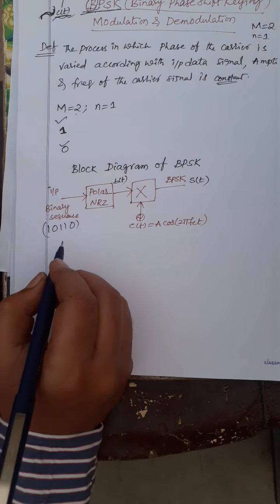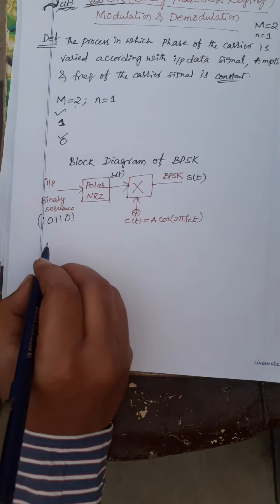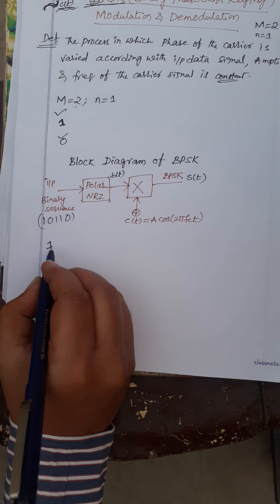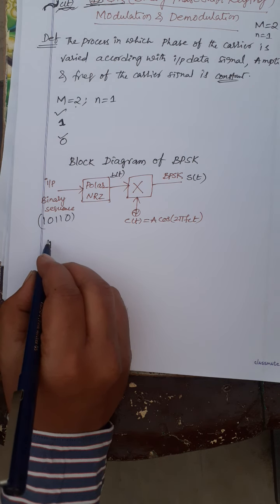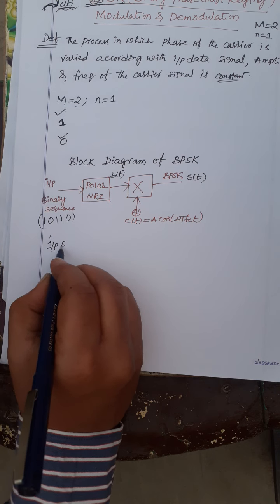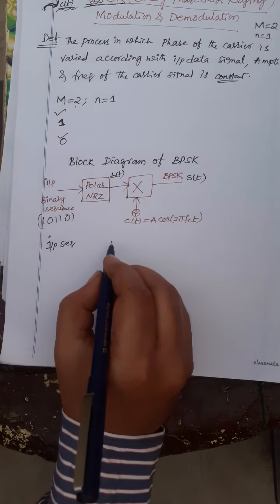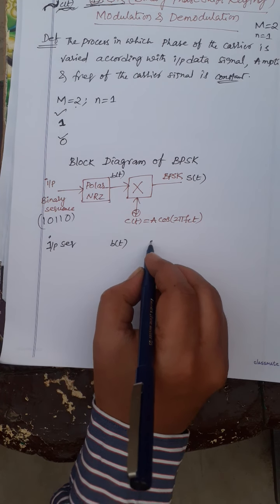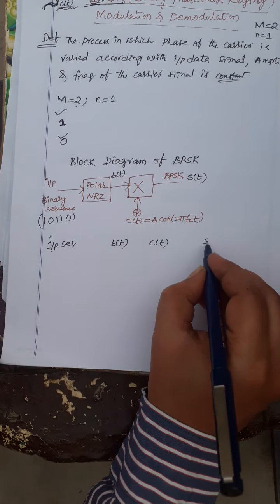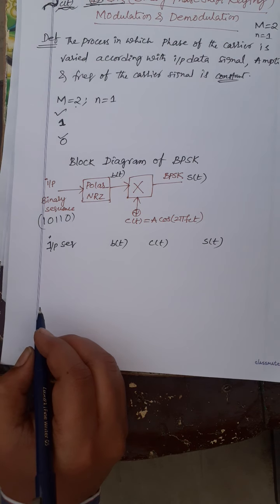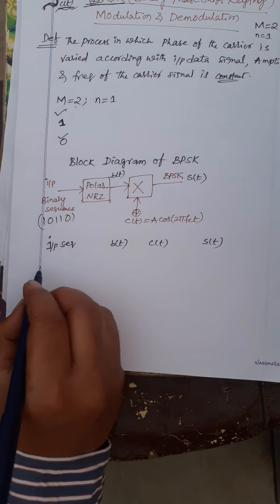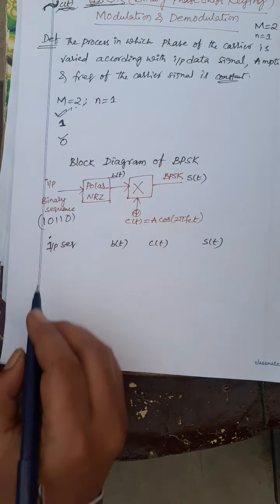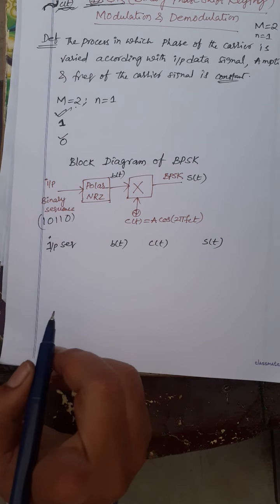Now see here, for the input binary sequence, if bit 1 is transmitted, first let us call it the input sequence. Output of polar NRZ is B of t, carrier signal C of t, and output S of t. Please concentrate here. Now for example, first M is equal to 2, that is bit 1 or bit 0, so only 2 bits, only 2 levels.